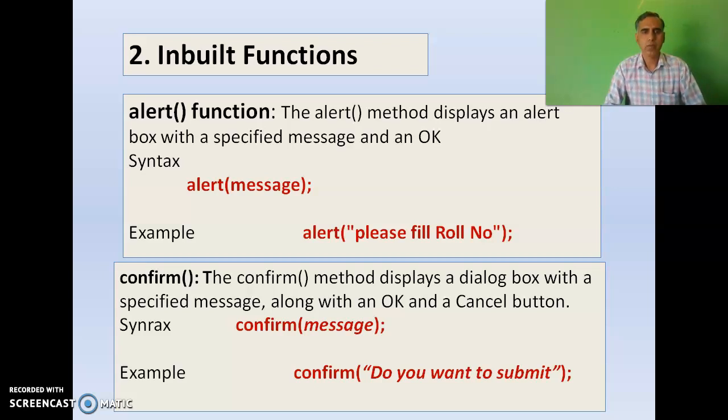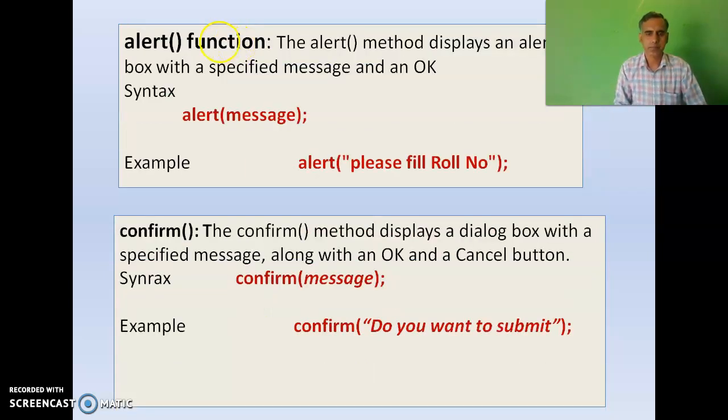The second function is confirm. The confirm method or function displays a dialog box with a specified message along with an OK and a Cancel button. Syntax is almost the same as alert: confirm(message). Example, confirm("do you want to submit").